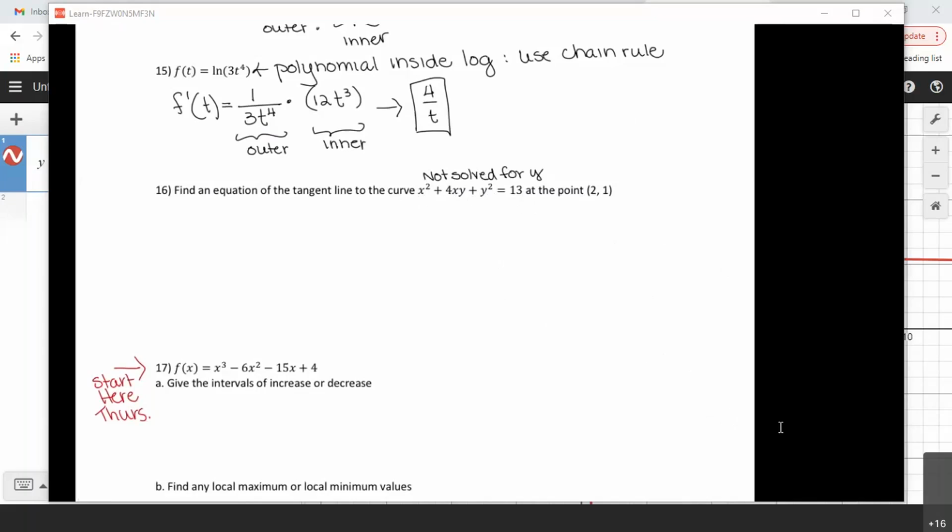Somebody tell me, what do I have to do here? I know everybody's thinking I got to take a derivative, but how? Reverse it, y equals equation first. You can't solve this equation easily for y.